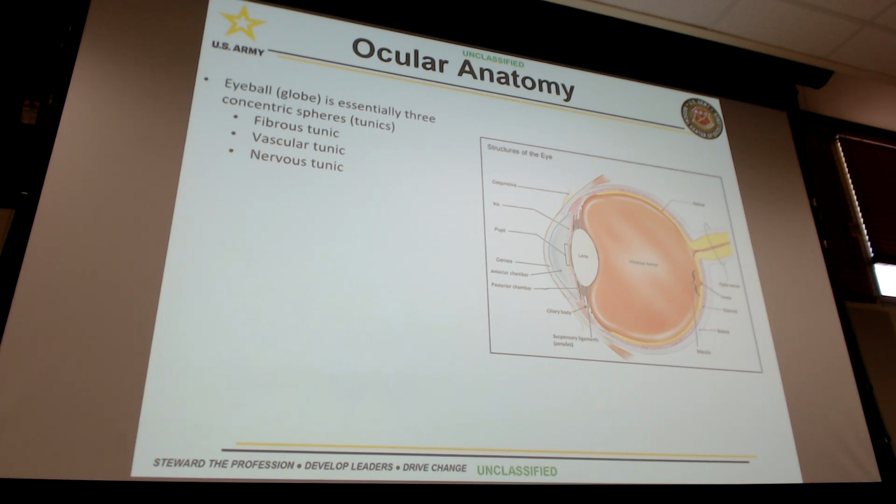And then there's some actual vessels that we'll talk about in the retinal section that also supply the retina as well. And then we have the nervous tunic, and that contains the photoreceptors in the retina and the optic nerve, cranial nerve 2, that goes back to the brain. Okay, so fibrous tunic, the vascular tunic, and the nervous tunic are the three main spheres of the eyeball.